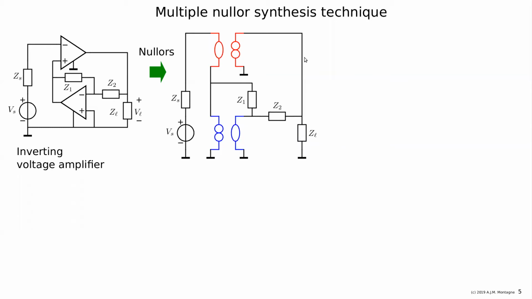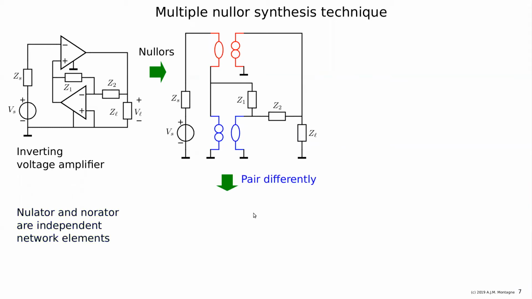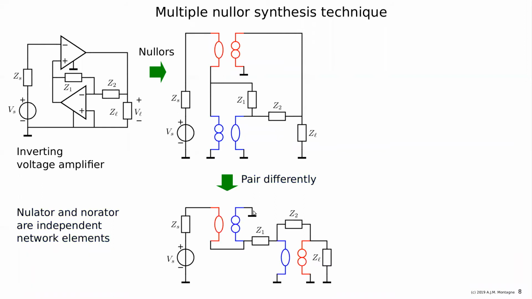So why don't I combine them differently? So I'm now going to pair them in another way. I'm going to pair the upper nullator with a lower narrator, and I'm going to pair the upper narrator with a lower nullator and redraw the circuit in a little bit more comprehensible way.